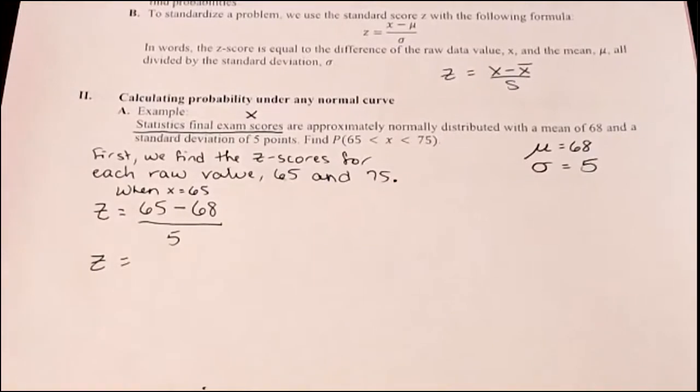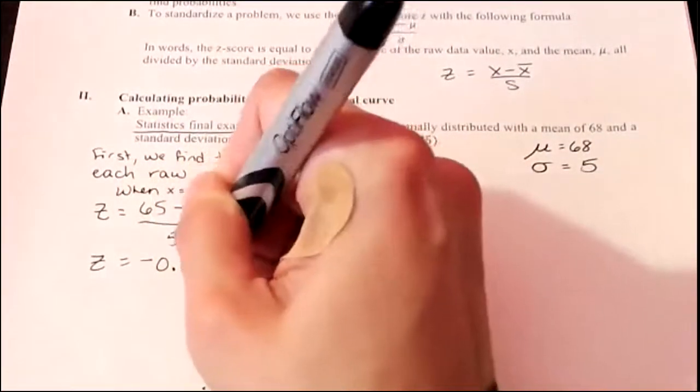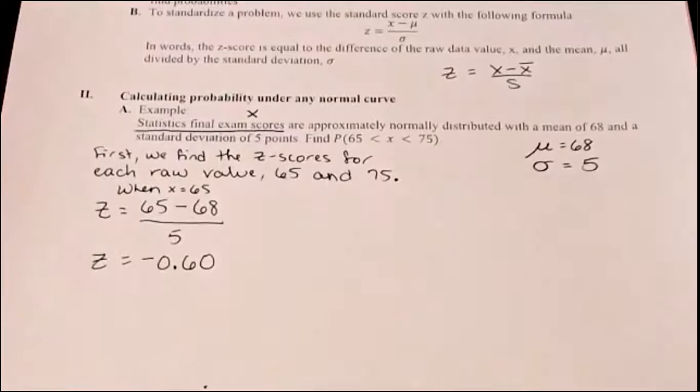So what is my z-score in this case? When you do the math. Negative 0.6. Yep, and add a 0 right after. So we want 2 places after the decimal, so we'll just tack on that 0. Nicholas, that's perfect. So negative 0.6, add the 0 at the end. It's 2 places. That's perfection.